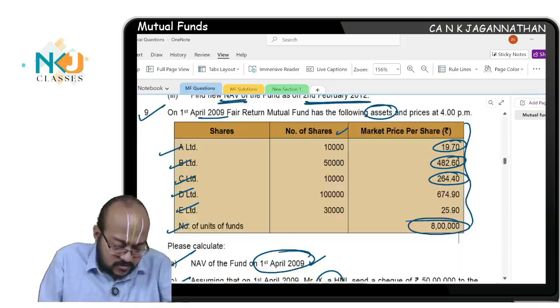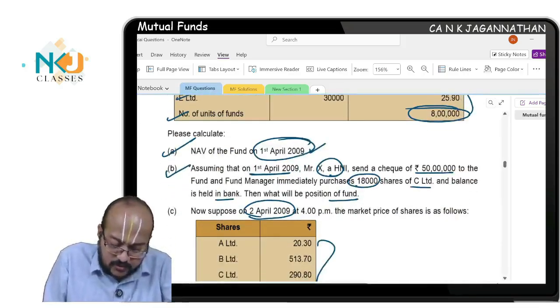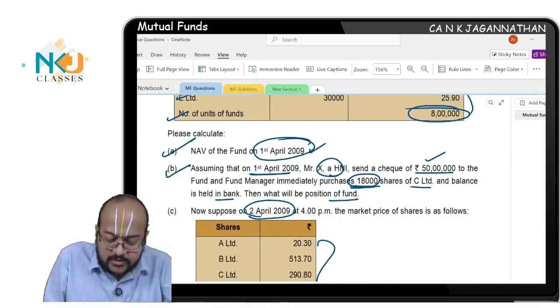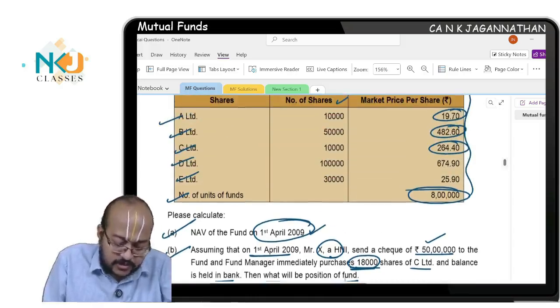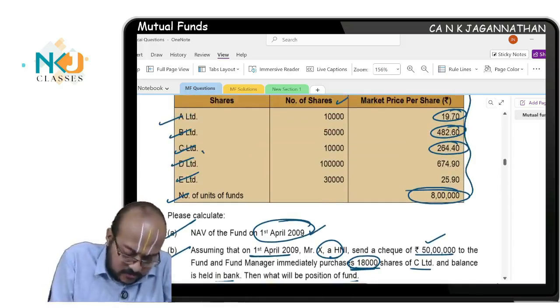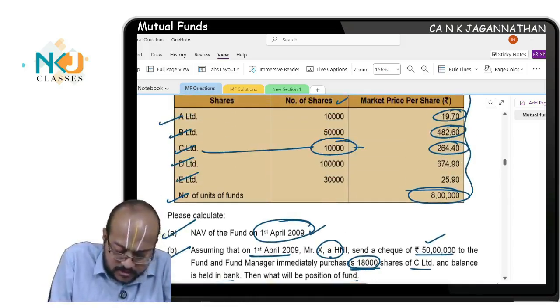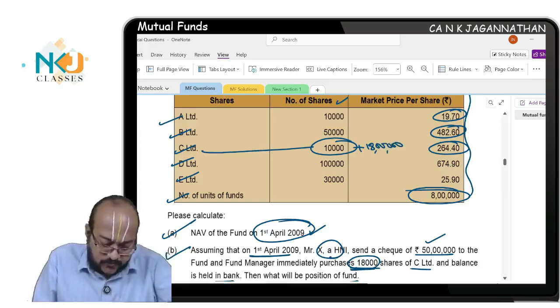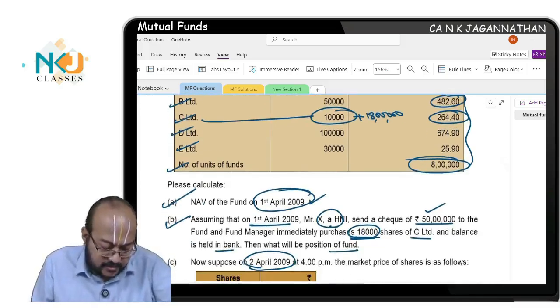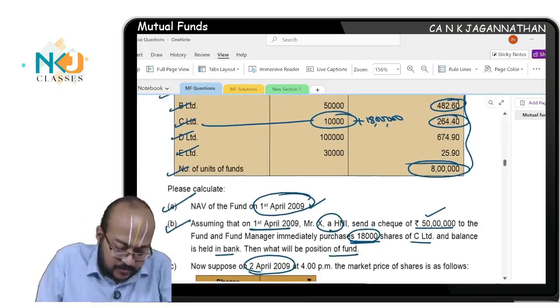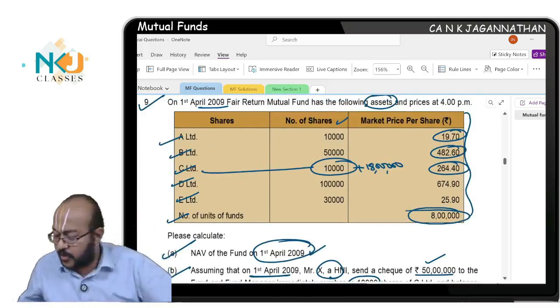Next, the revised position, assuming the 1st April itself, the HNI sent this much check and immediately 18,000 shares he purchased and the balance held in bank, which means C Limited, instead of 10,000, he is adding plus 18,000 additionally he is buying. Out of 50 lakhs, 18,000 shares is buying. What is the share price? 264.4.